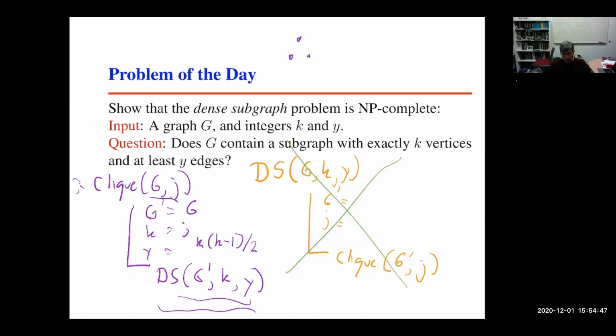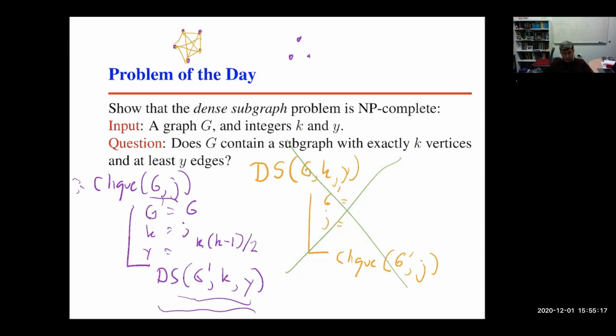If I can find a subset of K vertices with K choose 2 edges between them, well, by definition, that has to be a clique of size K. If I give you K vertices, how can you get K choose 2 edges from them except by there being a clique?